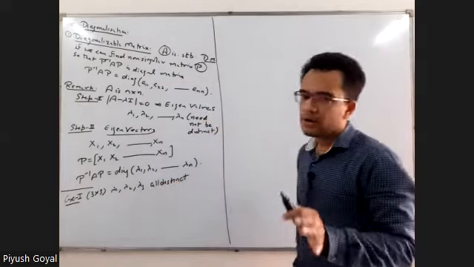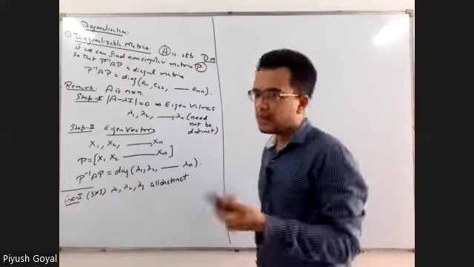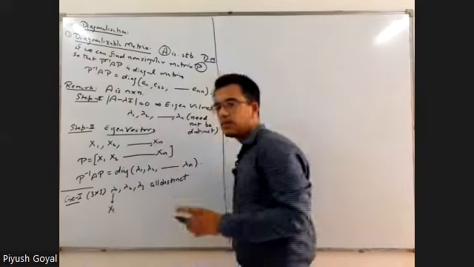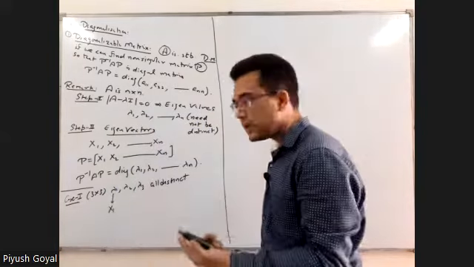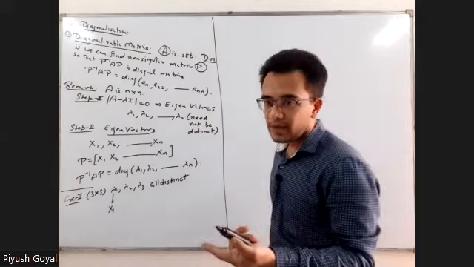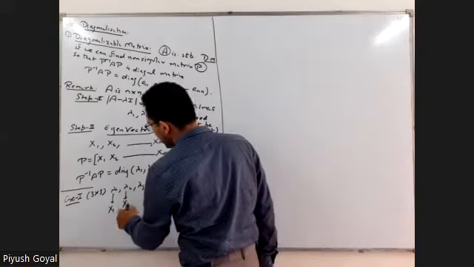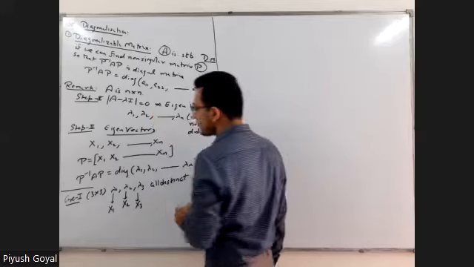Then each eigenvalue has its own linearly independent eigenvector: x1, x2, x3.